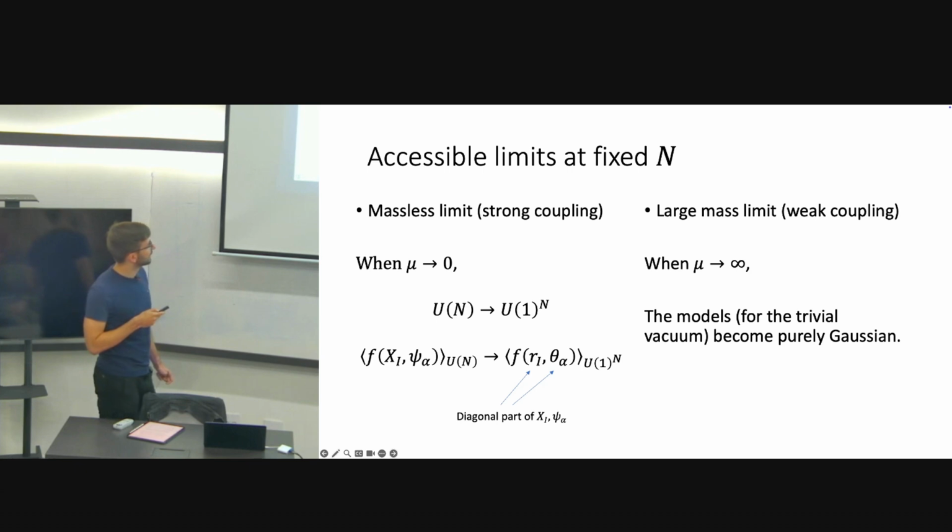Now in the large mass limit, the mass terms become more important than the commutator squared. So the commutator squared is effectively absent, and everything becomes purely Gaussian, and we can compute observables in this model. So those are the two limits that we can access.